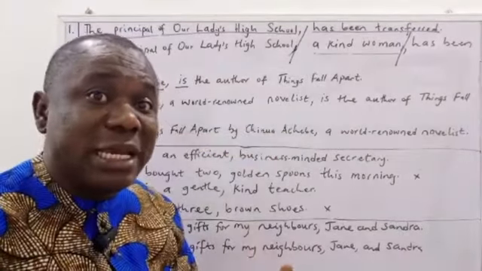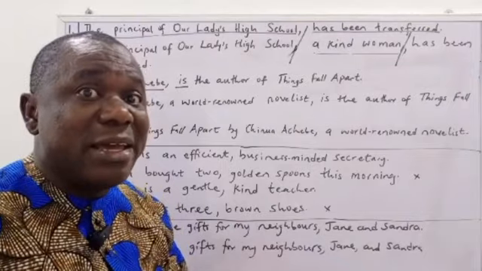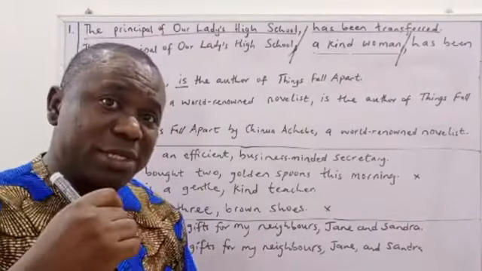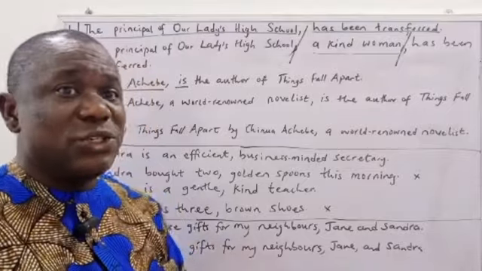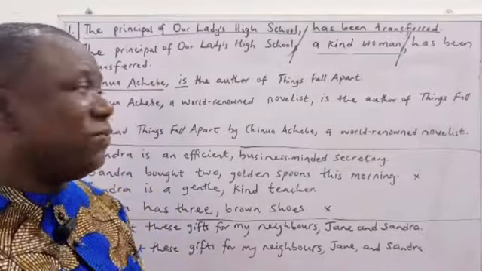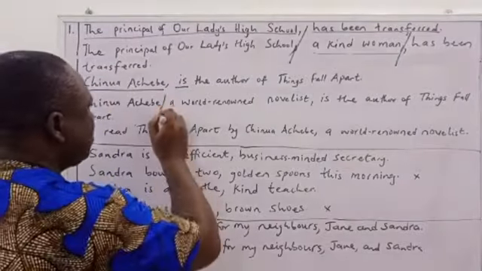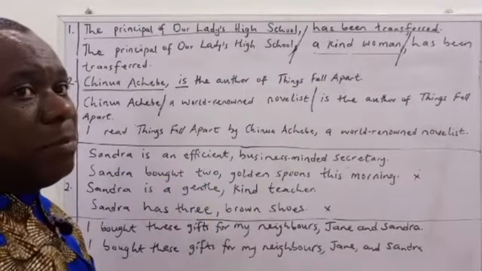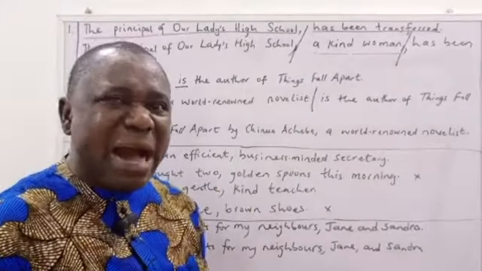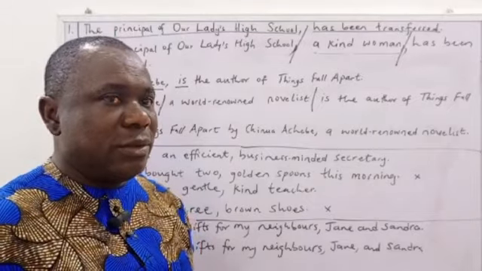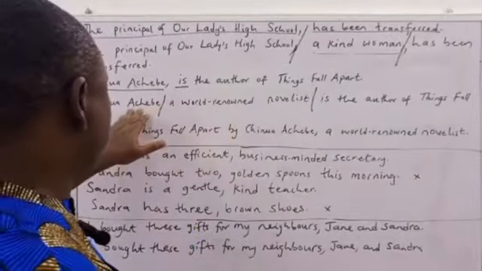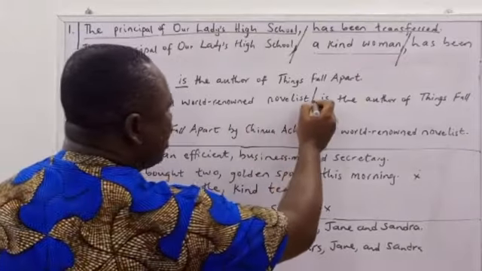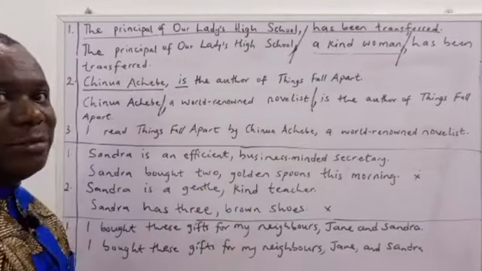It's just giving us an added idea, further information about Chinua Achebe. If we remove it from the sentence, the sentence is okay. The sentence is still fine. So this is an expression in apposition, giving us further information about Chinua Achebe. Separate it with a comma.